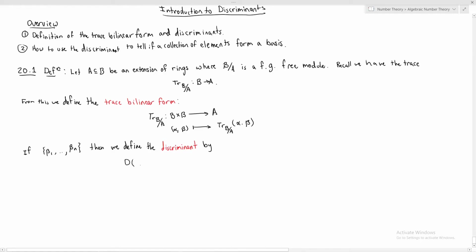So we're going to use this notation, just capital D of beta 1 through beta n.